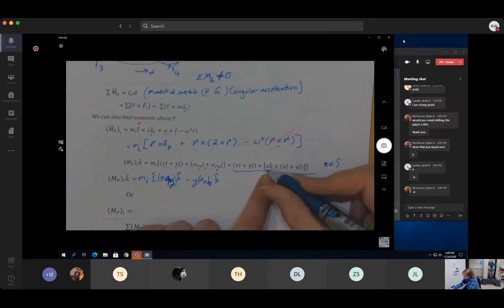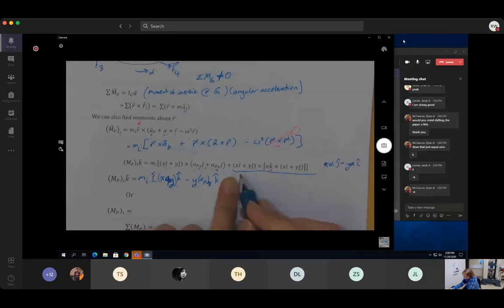We have alpha times Y, and that's K hat cross J hat, which will be negative I hat. And then we're multiplying again by this X and Y. And so we have X times X alpha J hat.